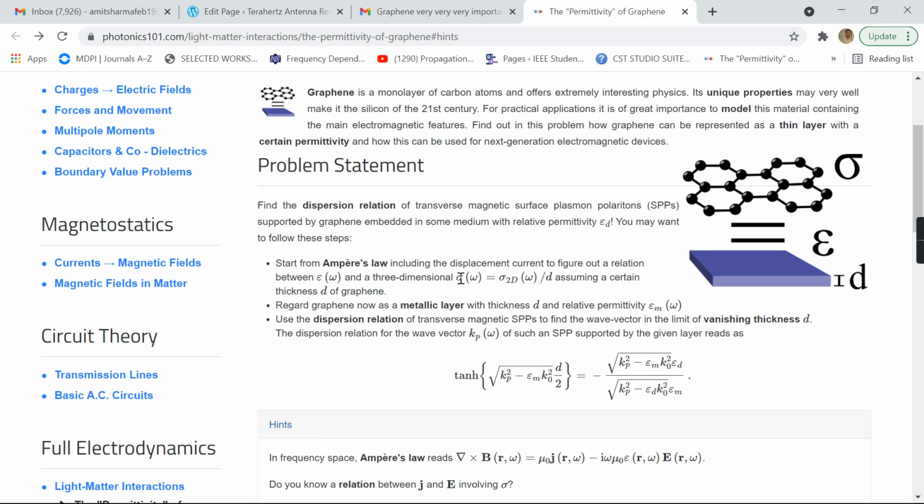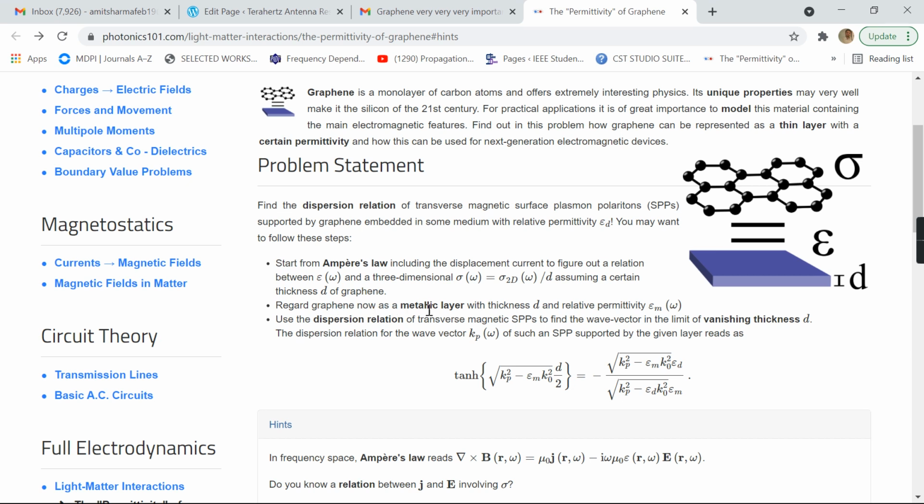Here they are giving it as a three-dimensional sigma omega, or the conductivity of graphene equals the two-dimensional conductivity of graphene divided by small d, which is the thickness, assuming a certain thickness of graphene small d. So here they are assuming that small d is the thickness of the graphene layer.